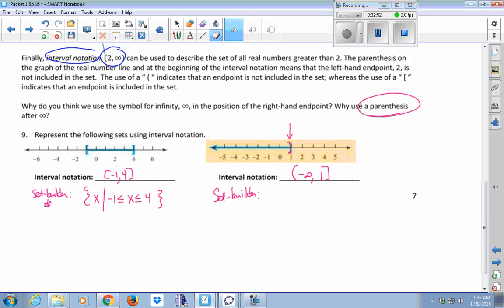All right. And who wants to try set builder notation? Last one, you want to try that? Okay. Curly braces x such that, like this? Oh.